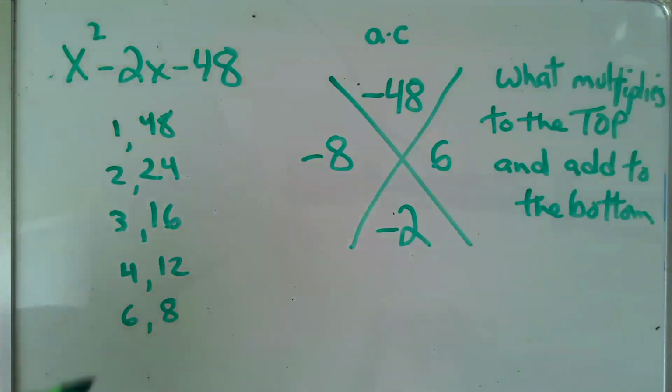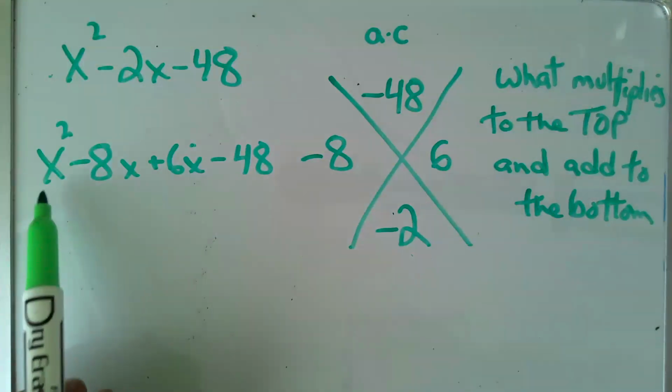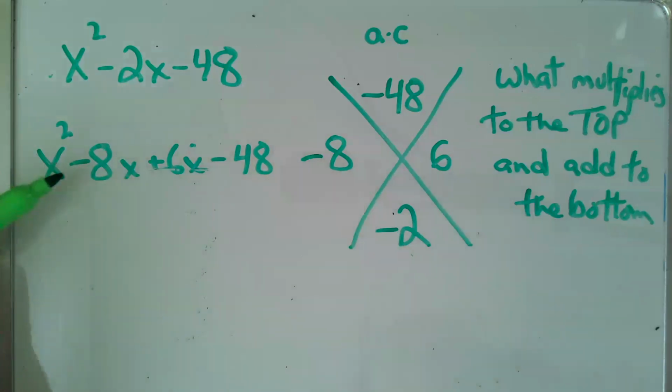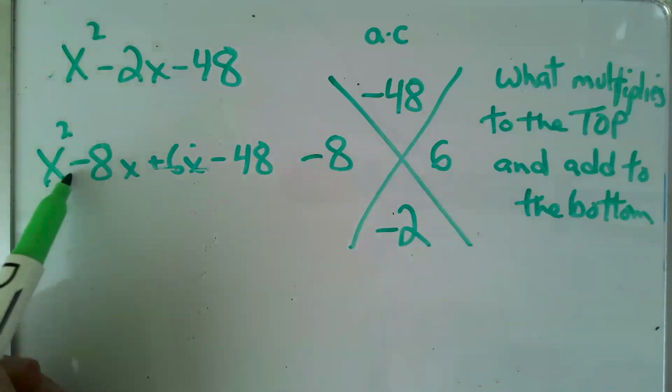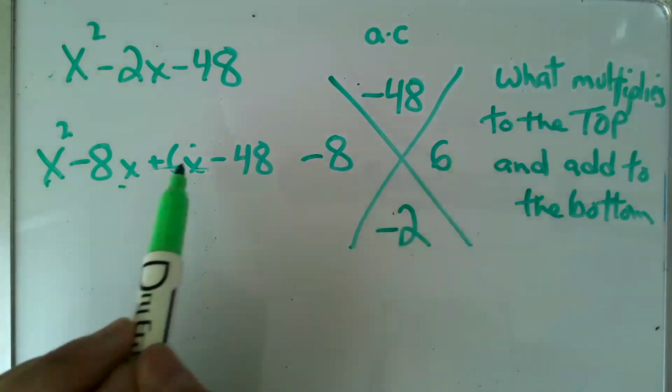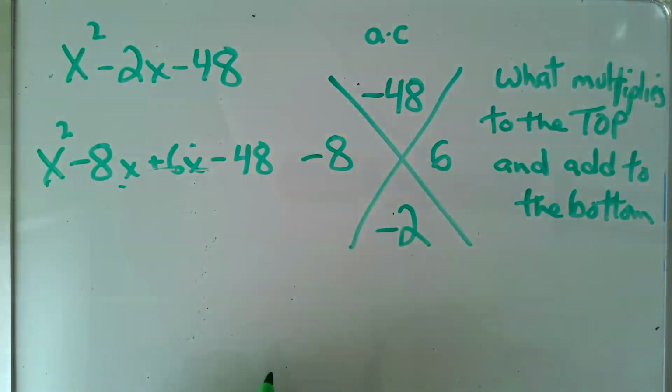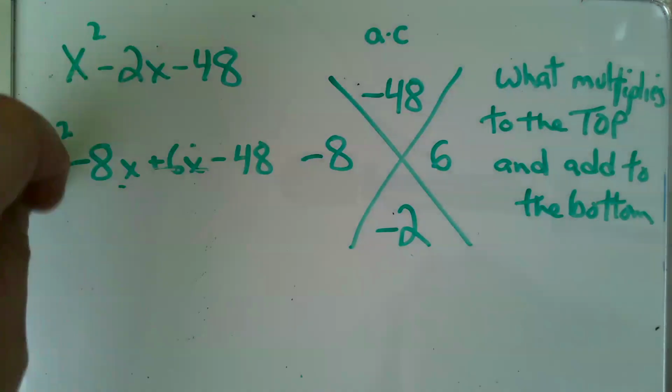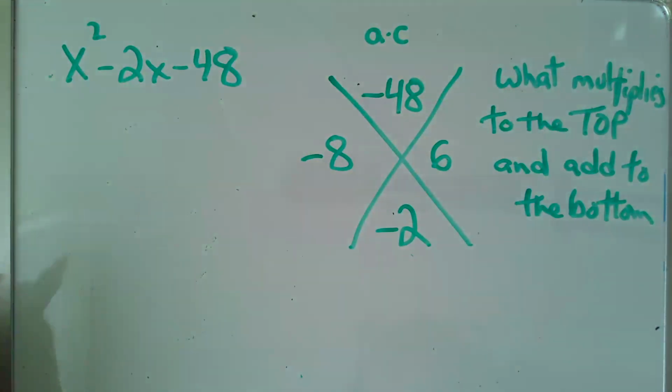And now my final step is I check back in and see if this has a coefficient. If it does, I would write out my 4 terms: x squared, negative 8x, plus 6x, minus 48, and then I would group and solve. However, because this one does not have a coefficient, I don't have to go through that step.